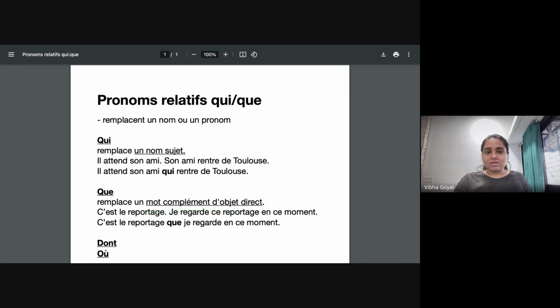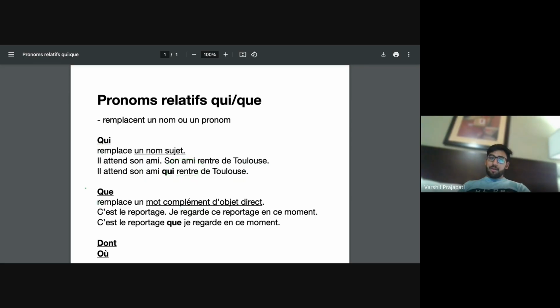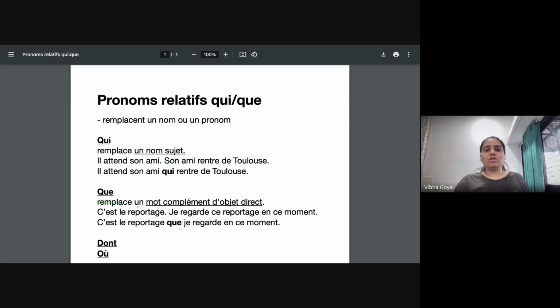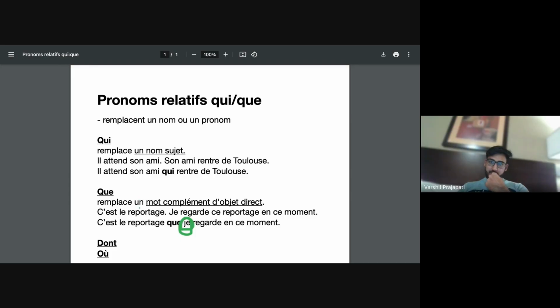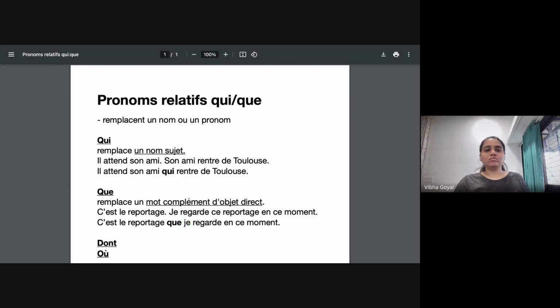The other thing is that after QUI, there is always a verb. And with QUE, we always have a sujet. These are the two things.